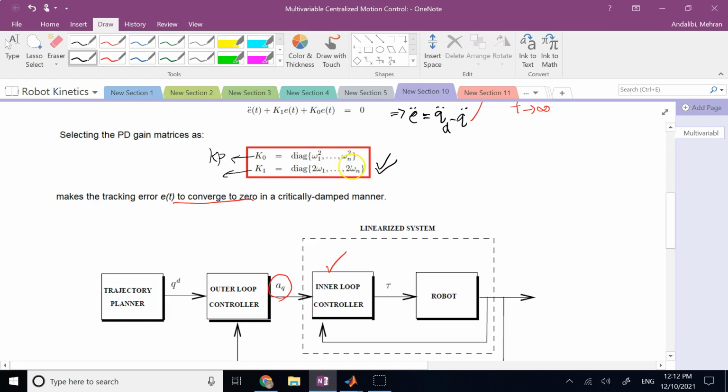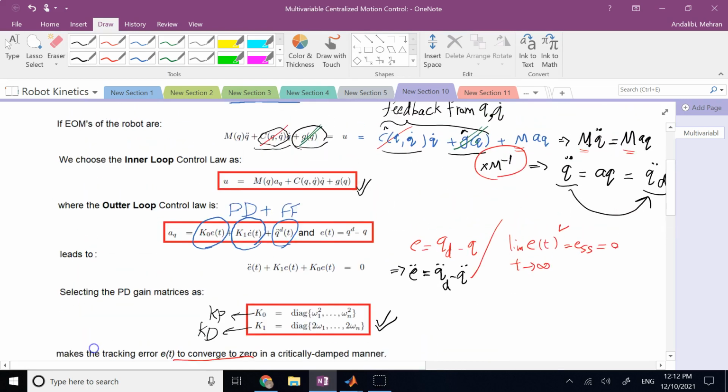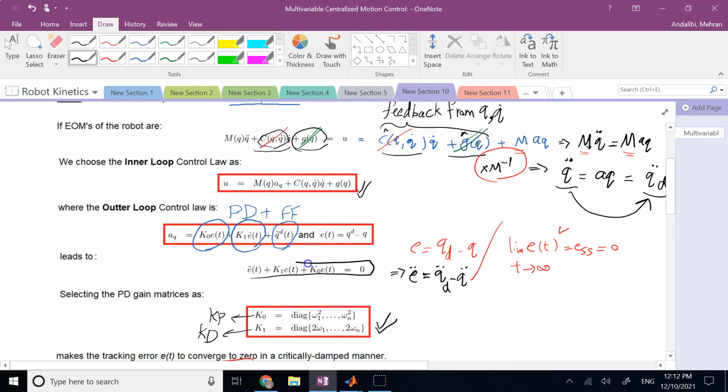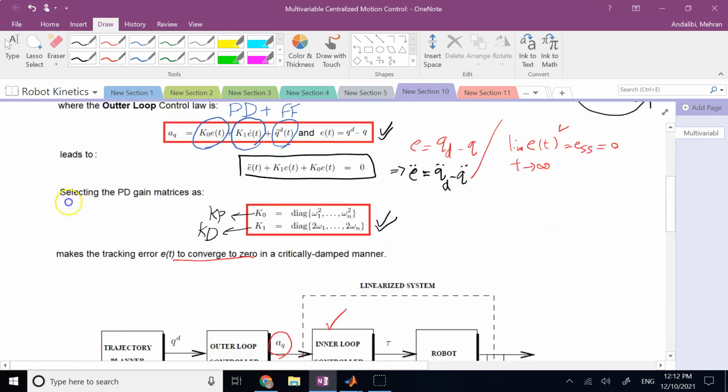But we learned in all of the previous videos, I cannot choose omega to be very, very large because that means big gains, and very, very large gains in the real world cannot be achieved. So definitely my choice of AQ, the way we did it here, will lead to convergence of error to zero.